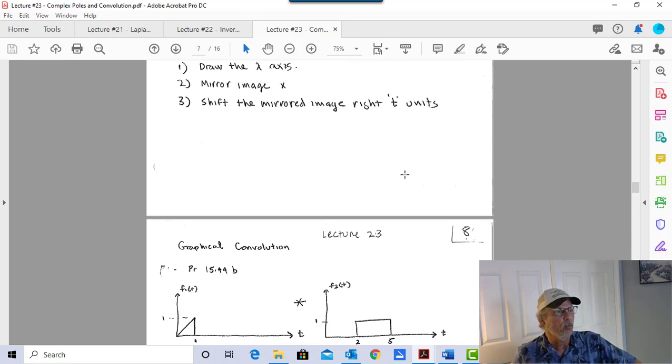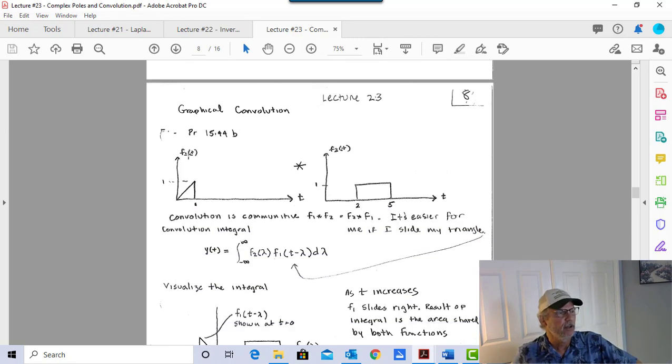So we are asked to convolve f1 and f2. And convolution is commutative. So f1 convolved with f2 is equal to f2 convolved with f1.